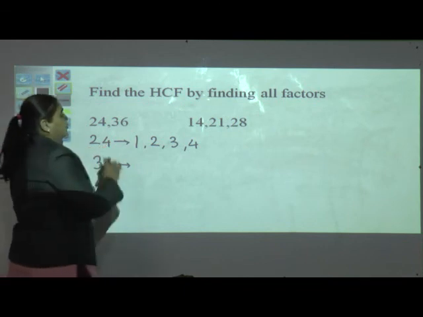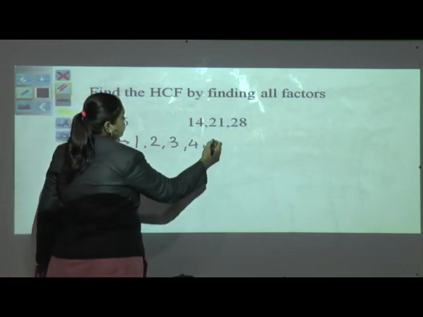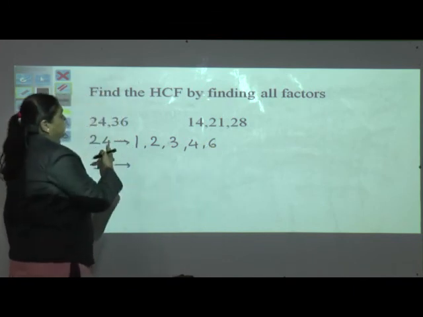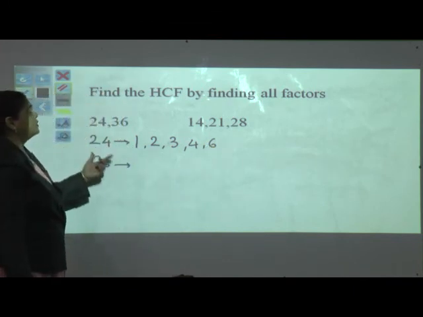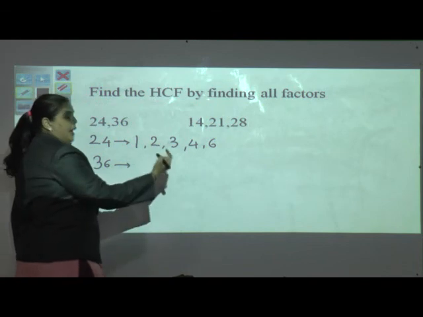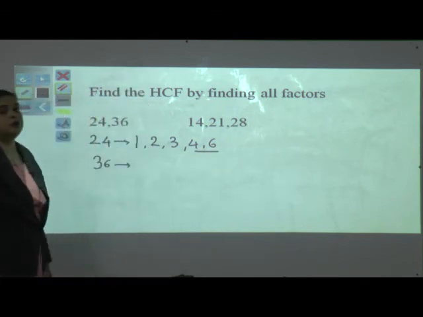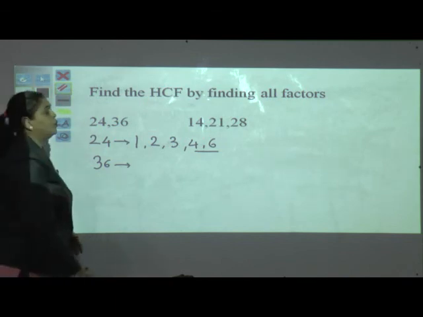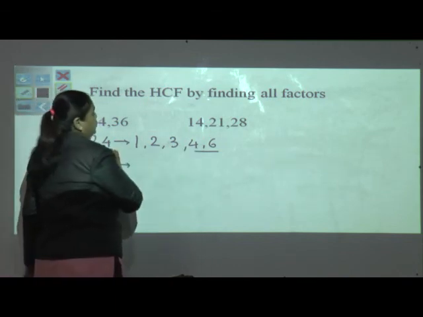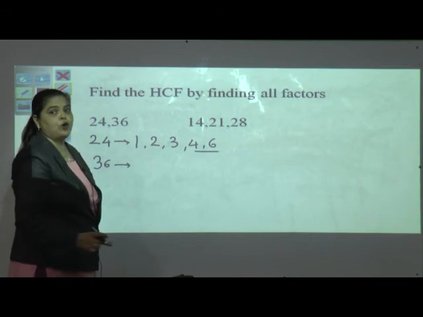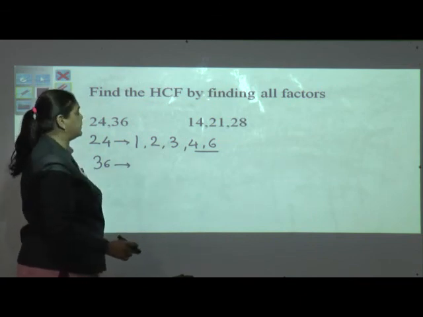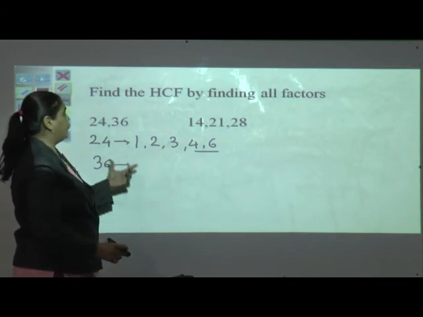So we will go for the next number, 6. Can we go for 6? 6 4s are 24. Here I am going to give a small trick. This is my bridge. 6 4s are 24. Now you will find it easier to find the factors.